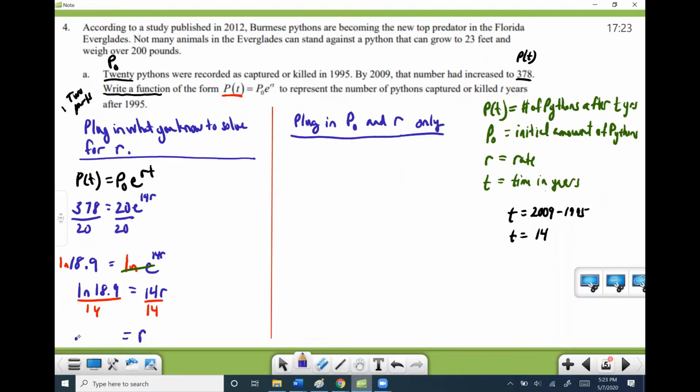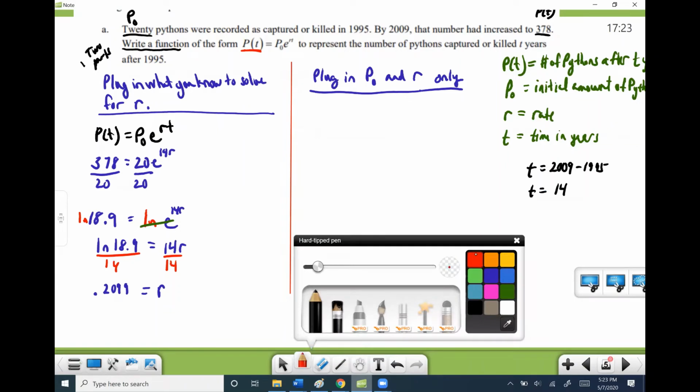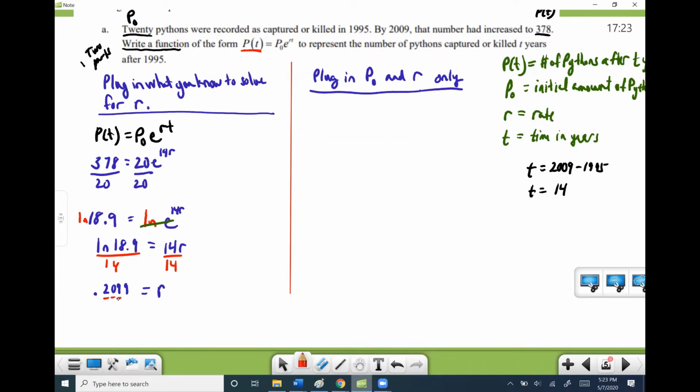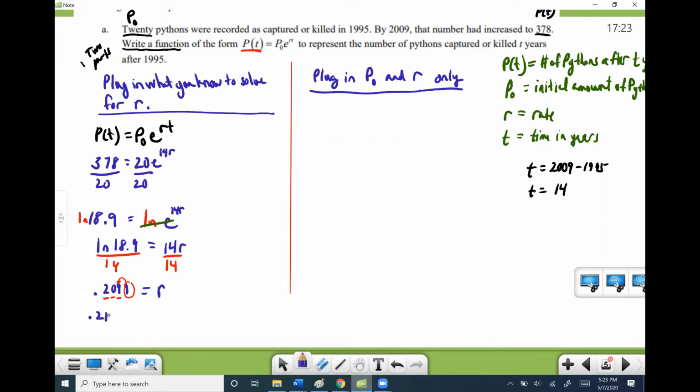I'm getting 0.2099. Oof. So we said house rule, let's just do 3 decimal digits because it didn't really say. So the 9 is going to round this guy up to a 10, huh? So 0.210.